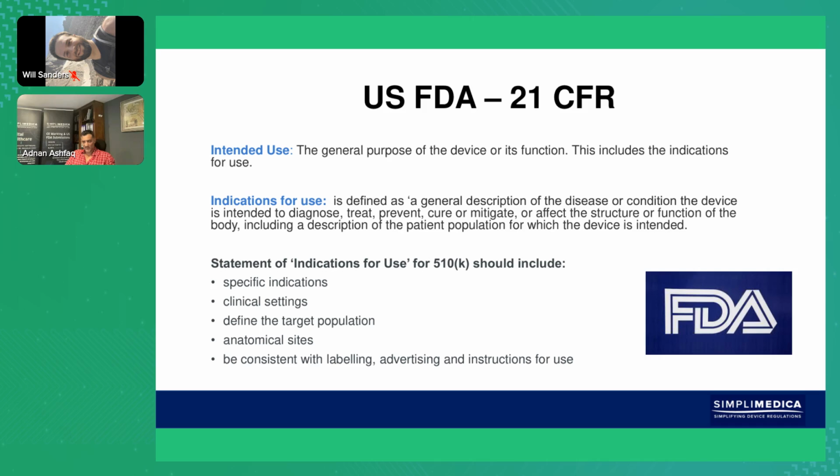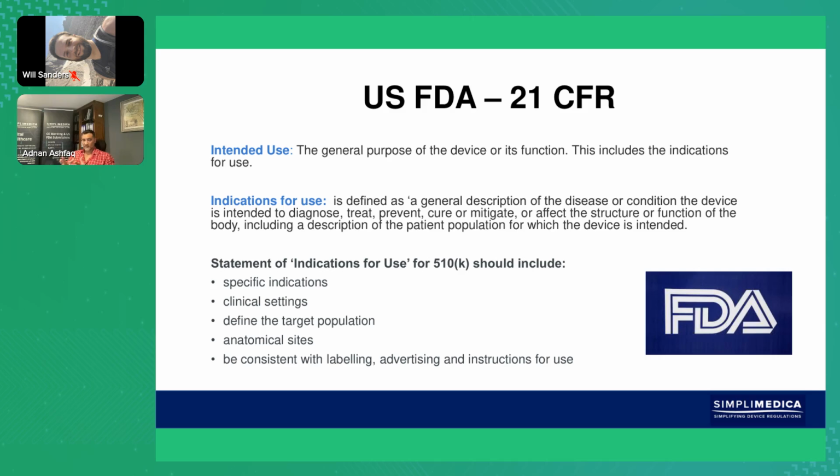Now, this is interesting, because when I was given the title originally by my friends here at Greenlight, it was more indications for use versus intended use. But I'm looking at this in a slightly different fashion, because the indications for use becomes part of the intended use statement. So I'm looking at it much broader, and it'll become much clearer in the following slides.